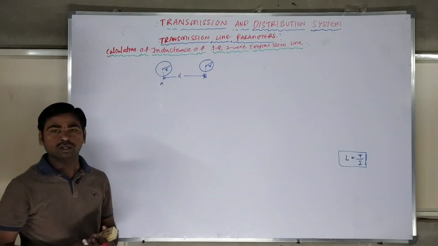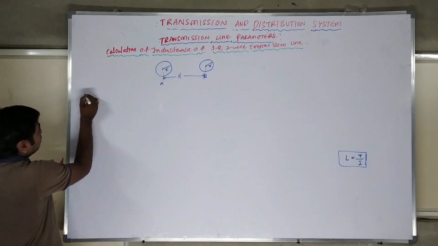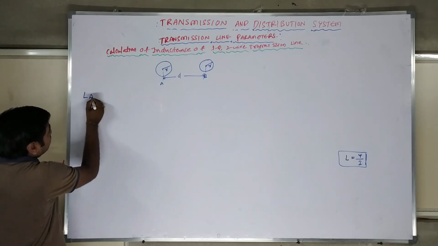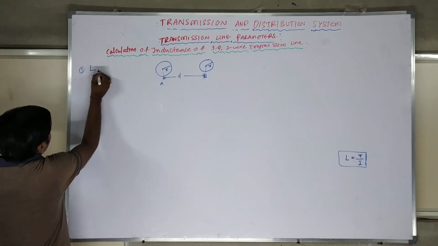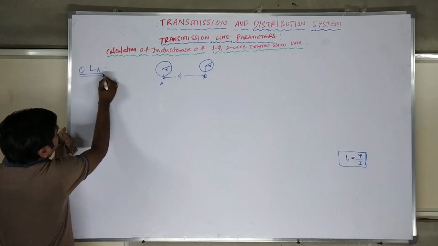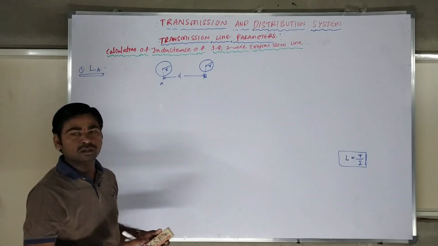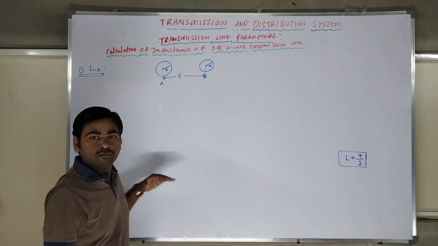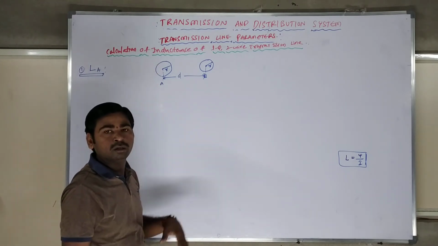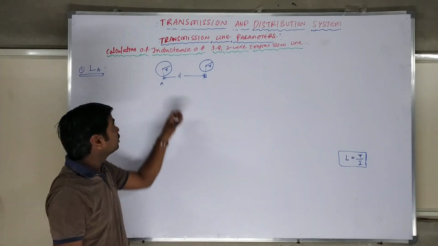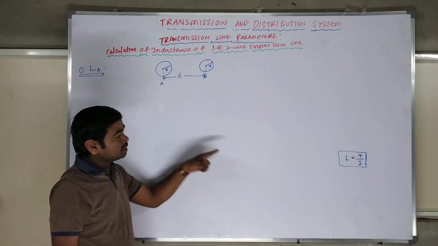Let us now calculate the inductance of the transmission line, first the inductance of conductor A. When calculating the inductance of conductor A, flux linkages take place due to this conductor itself, per ampere of current.